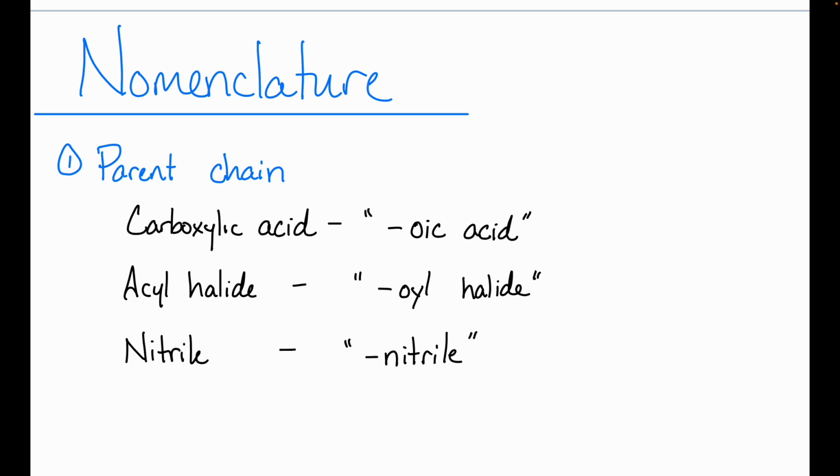There's just one thing we want to note about this that we've seen before with our thiols, and that is that these start with a consonant. Nitrile, our suffix starts with a consonant. So remember, that means that we have to retain that E on the end. How do you spell consonant?